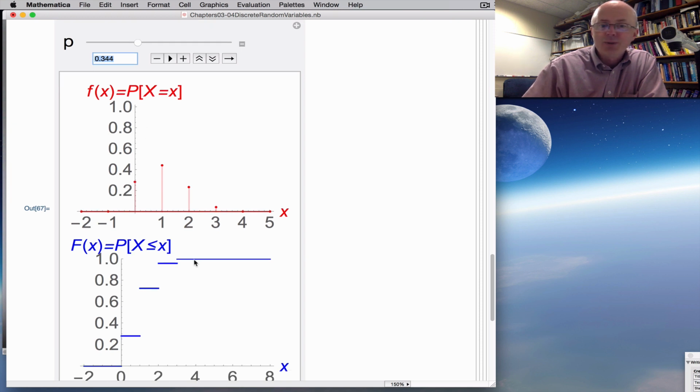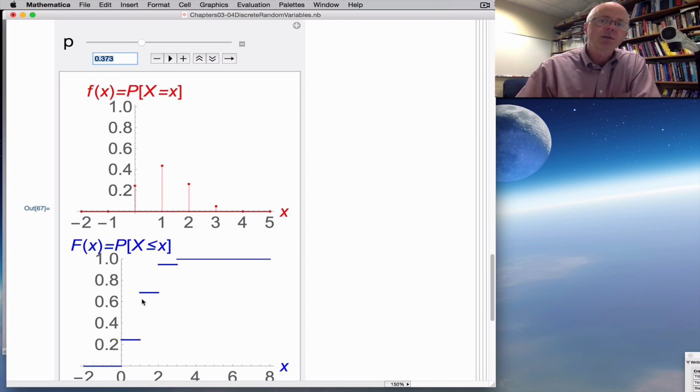The slope of the blue graph is 0 when x is not an integer. It's undefined when x is an integer, so I guess the values of little f are not quite the derivative of capital F for those values, but the heights of these functions would essentially give you the amount of increase in the step function. So for example, the height here at 1, which is close to 0.45, is the jump at 1 in this graph.